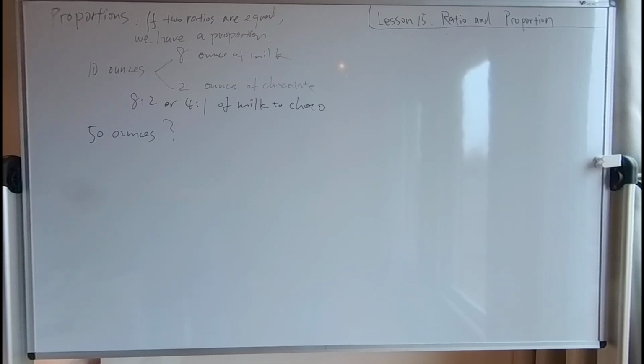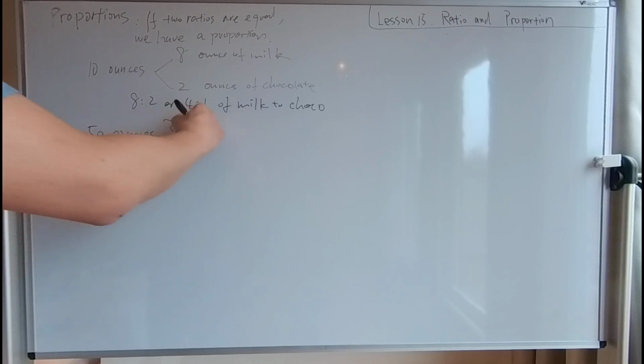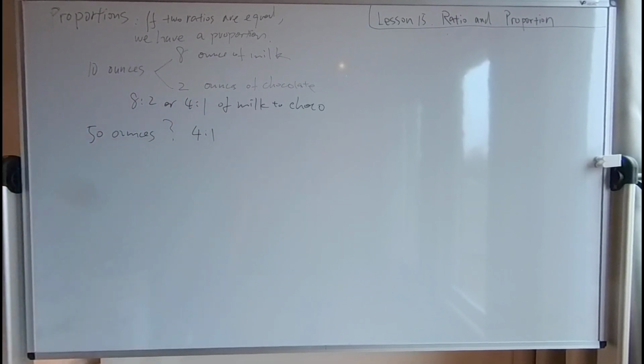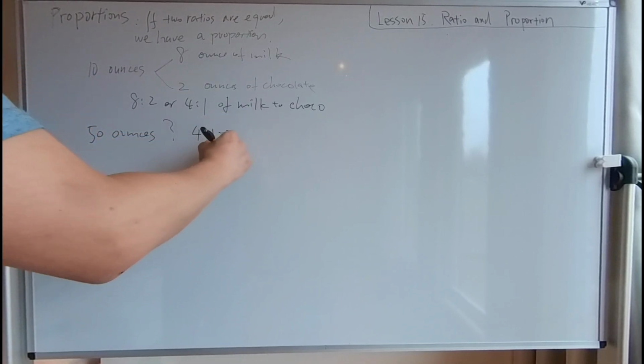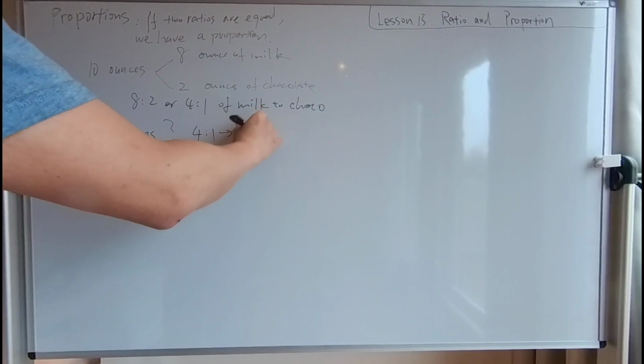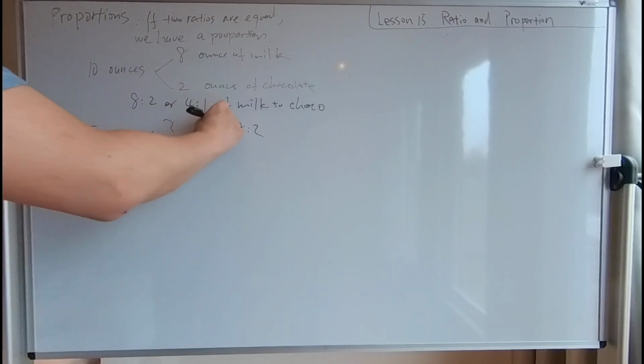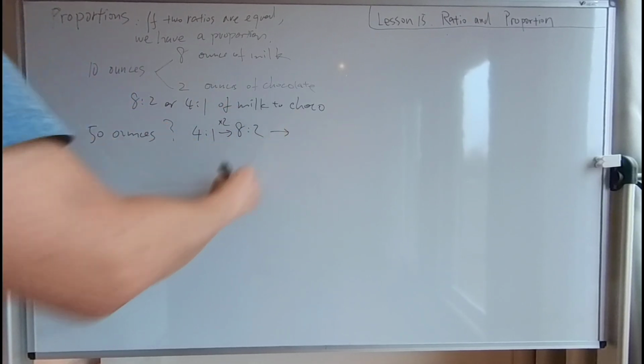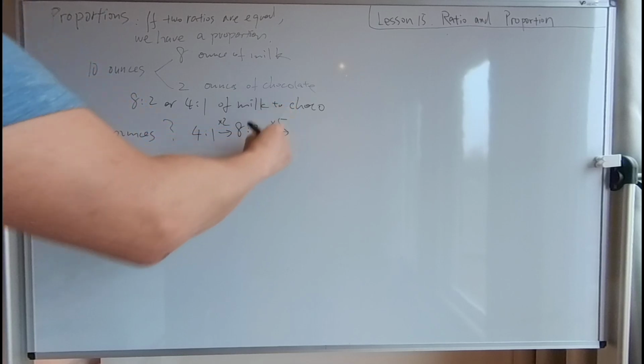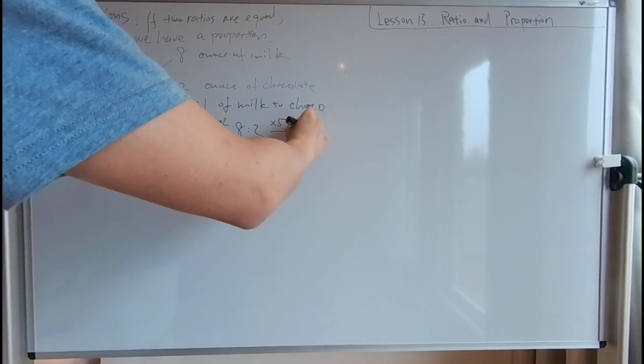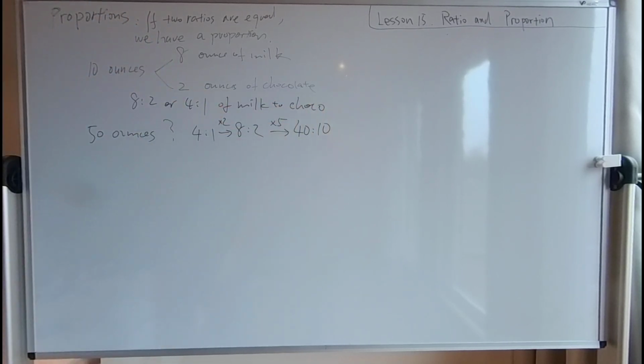We can enlarge the ratio just as we did for fractions, by multiplying the same number on each quantity. So for example, 4/1 can be enlarged by multiplying by 2 to get 8 versus 2, or by multiplying 5 times, I will get 40/10, 40 versus 10.